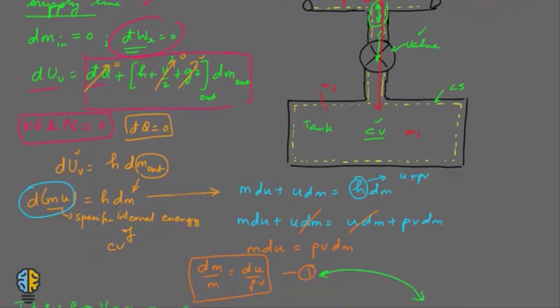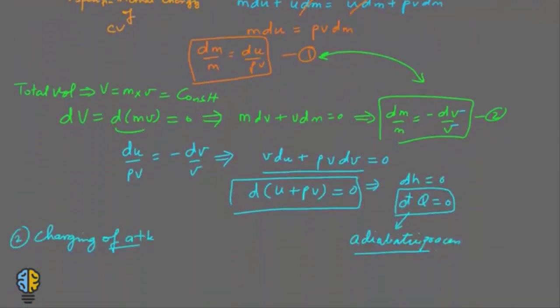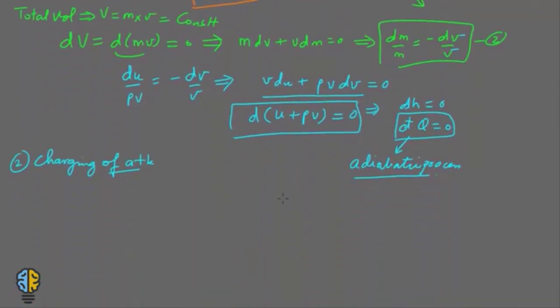Alright, now if you talk about the total energy accumulation, the total energy that is coming from the pipe with the mass is mp into hp, that is the mass into the specific enthalpy of the fluid in the pipe.